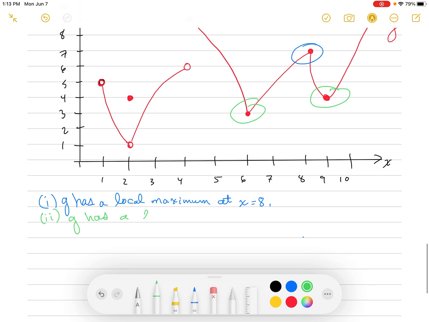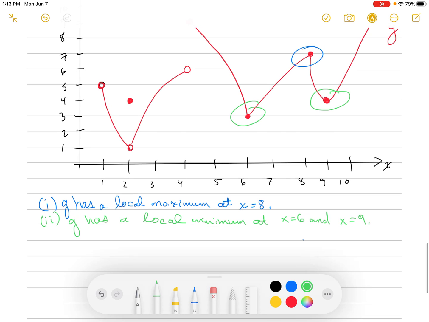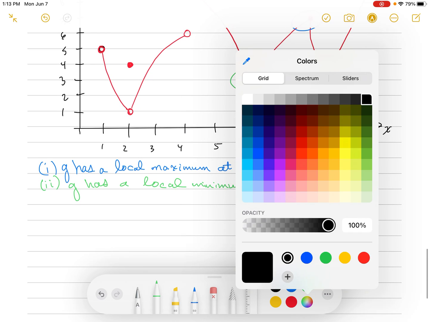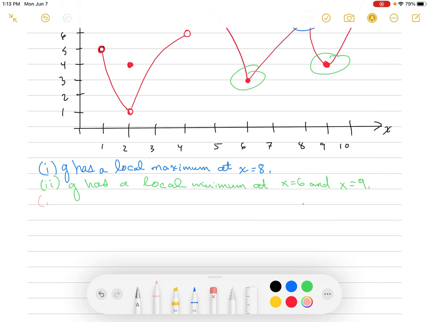So number 2, G has a local minimum at x equals 6 and x equals 9. Okay, now we're looking for absolute max. Is there any absolute highest place to the graph?